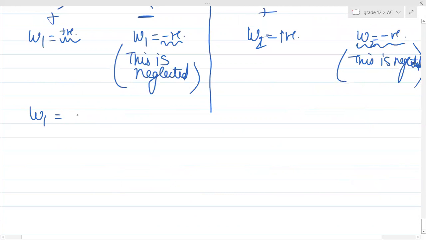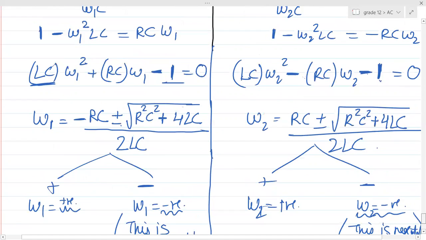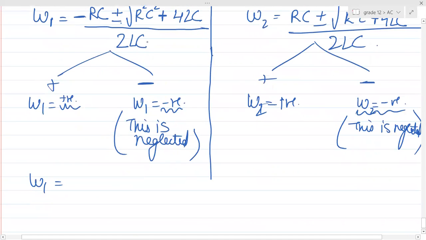The negative signs will be neglected, and you'll get the final answer as minus RC divided by 2LC. C cancels C, so minus R by 2L plus.